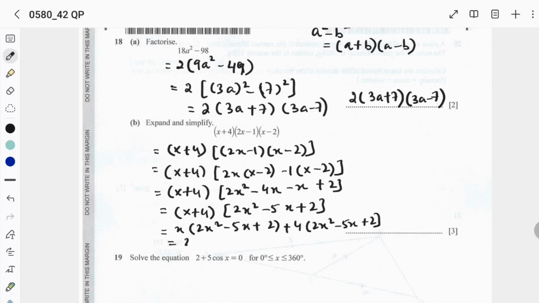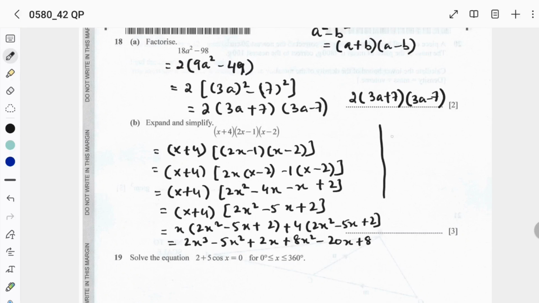So that will become 2x cube minus 5x square plus 2x plus 8x square minus 4 times 5 is 20x, and 4 2s are 8. Simplify this and that will be your final answer.